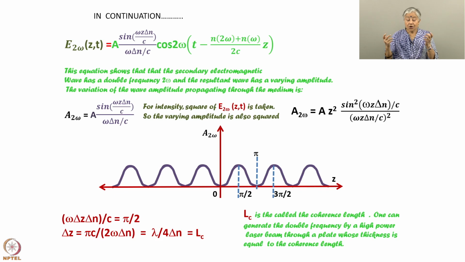Now we have to think about what this varying amplitude means. It's a travelling wave, it's going there, and it has a varying amplitude. So in my next lecture, I will be talking about the finer details of the varying amplitude, and again we will see how the phase matching condition becomes absolutely important for second harmonic generation.